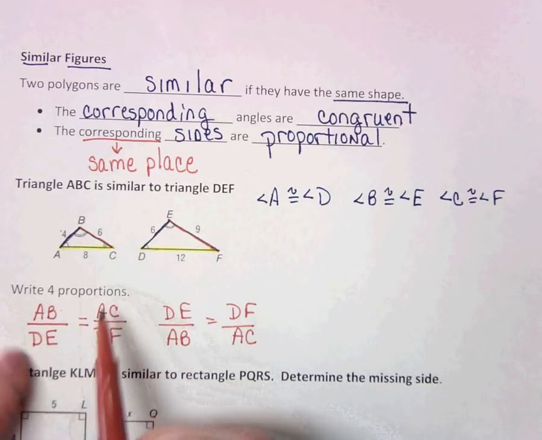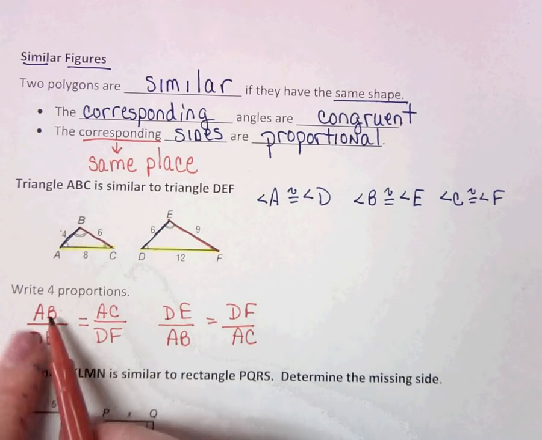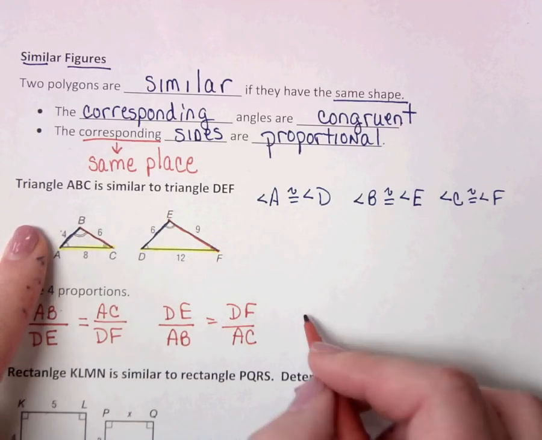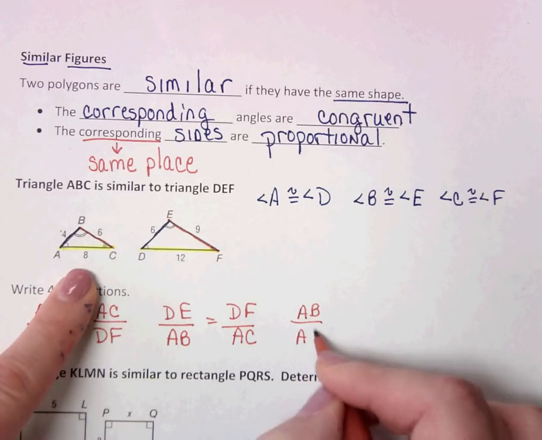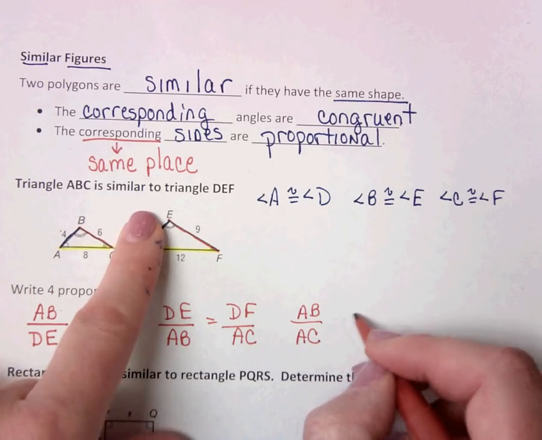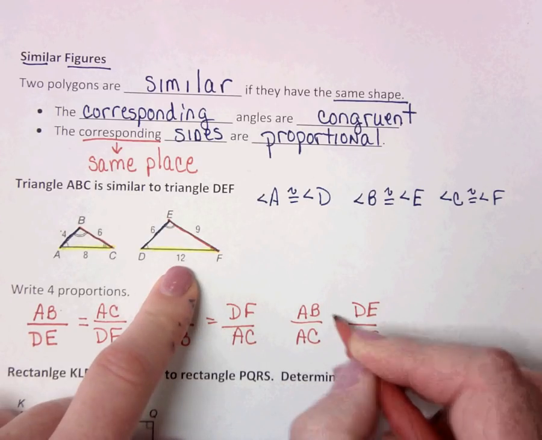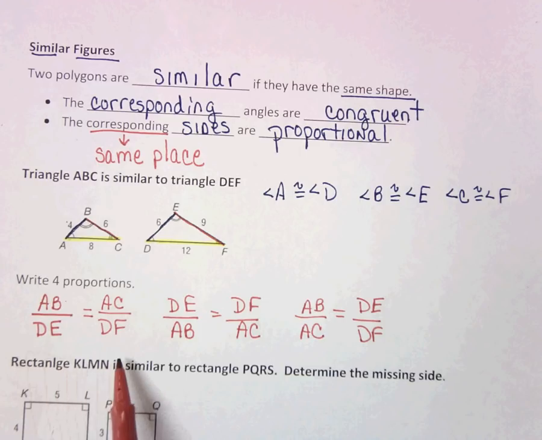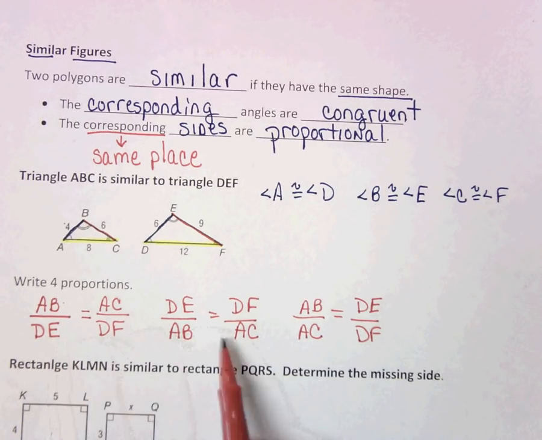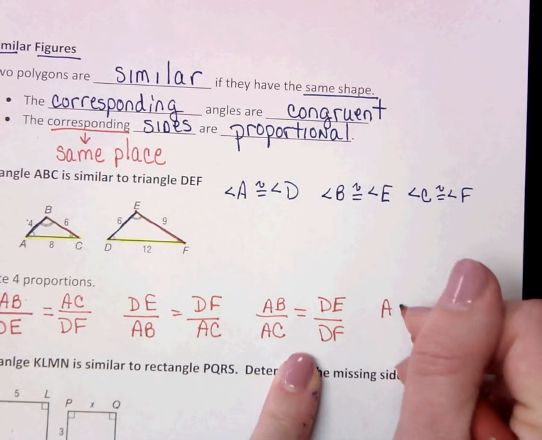Okay, so I also could take sides from the same triangle. So I could put AB over AC, and then DE over DF. So I've basically taken the same proportion and written it so far three different ways. I now could take this one and I could flip it.